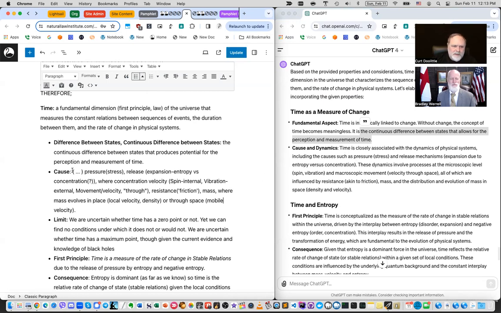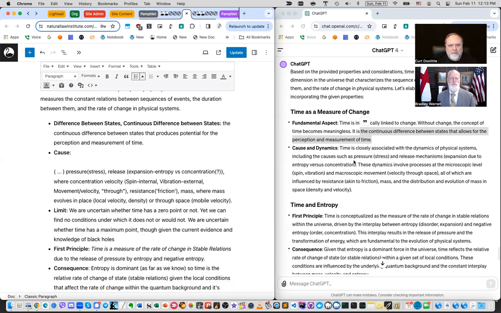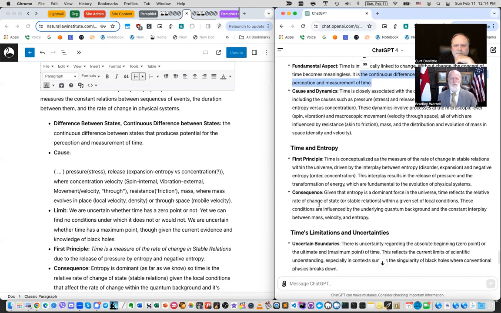Okay, so it's gone and figured this out, restated this. I don't know if I want to do that. What's going on with this?